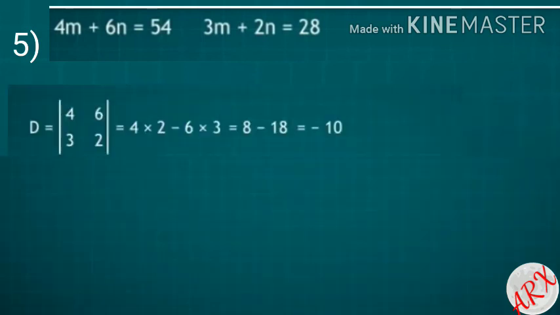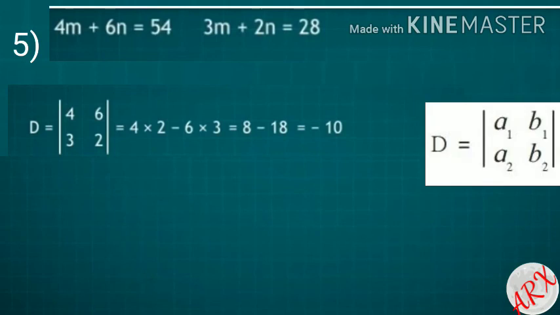Now we will take determinant D, that is a1, b1, a2, b2. After putting values, we get 4, 6, 3, 2. So we solve the determinant, that is 4 into 2 minus 6 into 3. So the answer will be 8 minus 18 equal to minus 10.